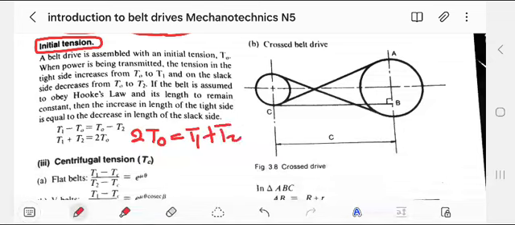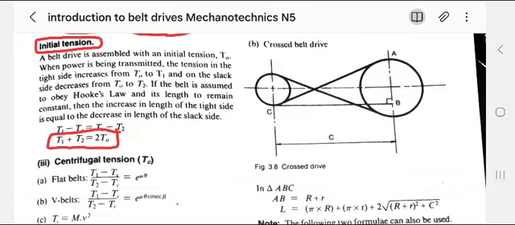If you make the initial tension the subject, where 0 represents initial, then T0 is T1 plus T2 divided by 2. This is how you get your initial tension. If they ask you for initial tension, that is an important formula.